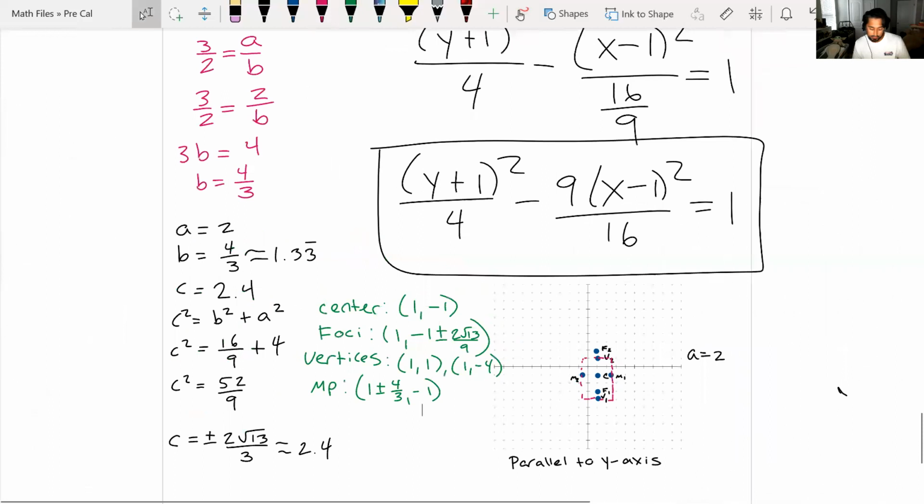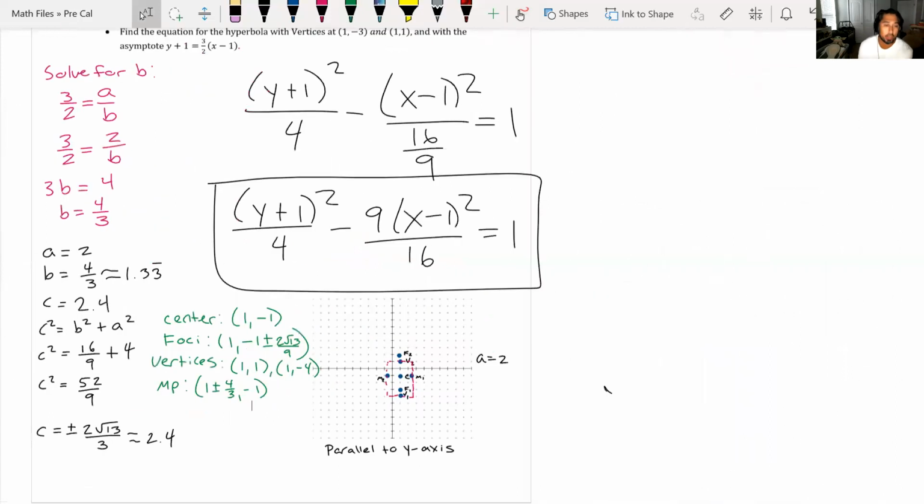And asymptotes are already given at the very top. So we are good. That could have been negative 0.33, negative 1, and 2.33, negative 1. Then go ahead and draw the asymptotes cutting through the center.